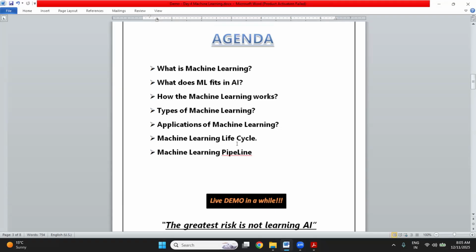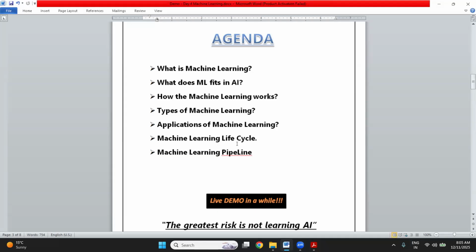Then yesterday we discussed in brief what is an agent, what are AI agents, and what are agentic AIs, and what is their importance in artificial intelligence. Then we also went through a small demonstration of how automation can be done using an AI agent. So today we will be covering machine learning as part of data science.